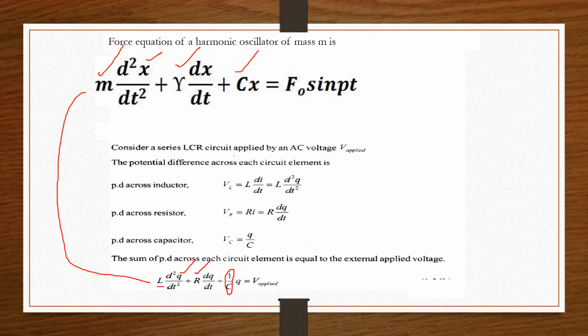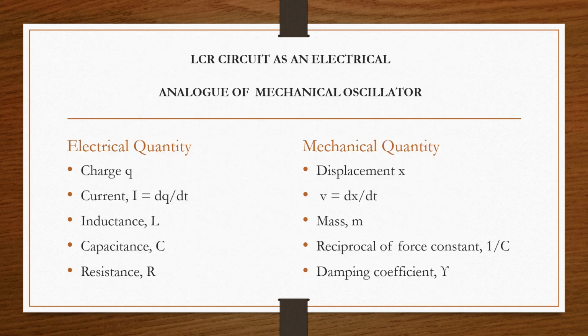Again, for velocity v, we have current i. So first you should write the two force equations and draw a tabular column like this and give these points.